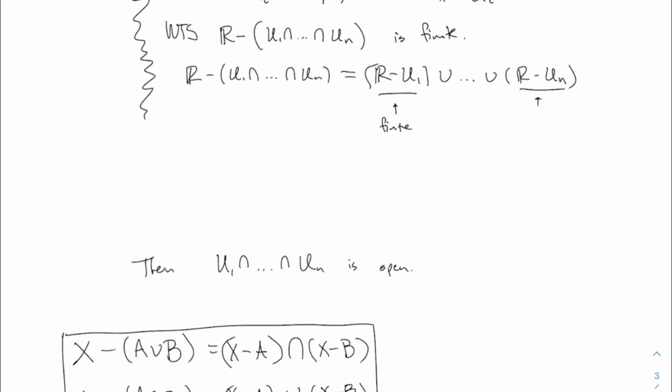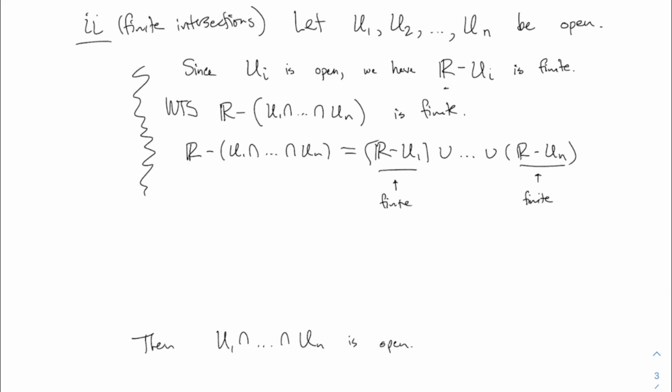right? We already said before that R minus UI is finite each time. So we said right here. And so what do you get when you take a bunch of finite sets? There's n different finite sets here, and you union them all up. The answer will still be finite, right? The finite union of finite sets will be finite.